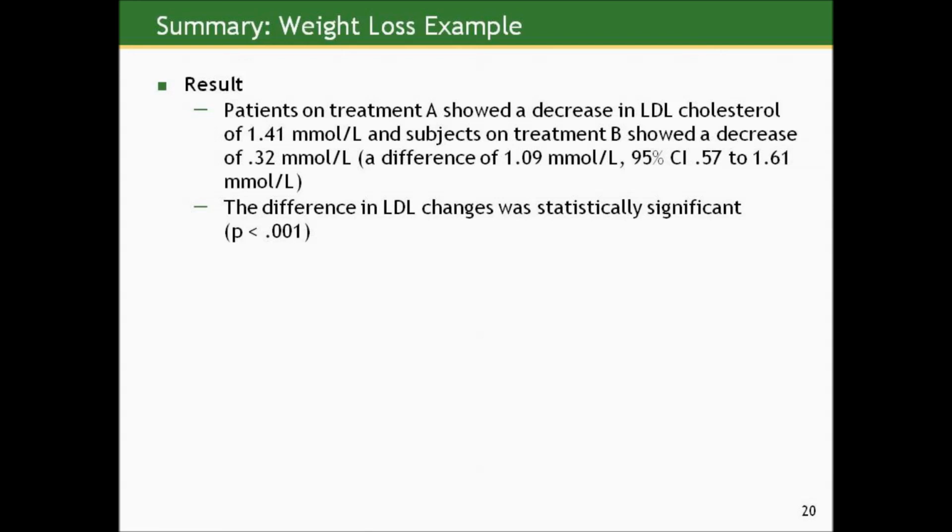So I was changing the sign here, and instead of reporting these as negative, reporting them as decreases. You can do that instead of reporting the negatives if you like. And the difference in LDL changes was statistically significant with a p-value of less than 0.01, which we already know, that it would come in at less than 0.05 since our 95% confidence interval did not include 0.